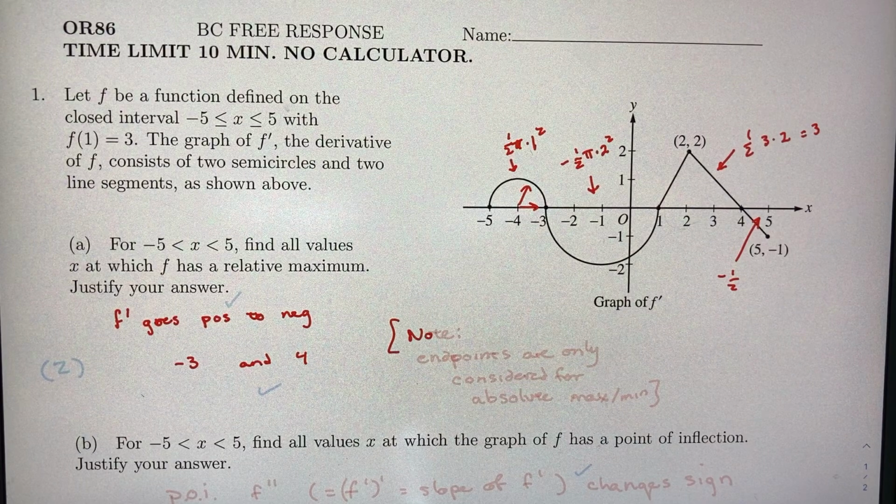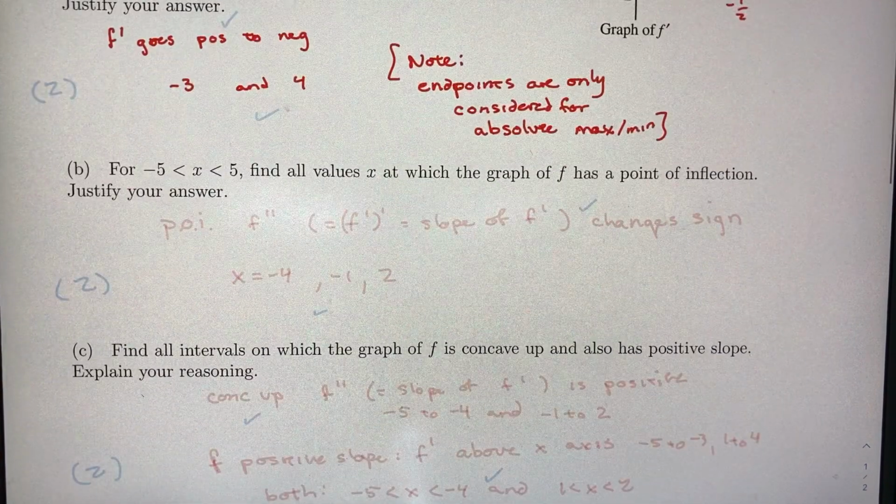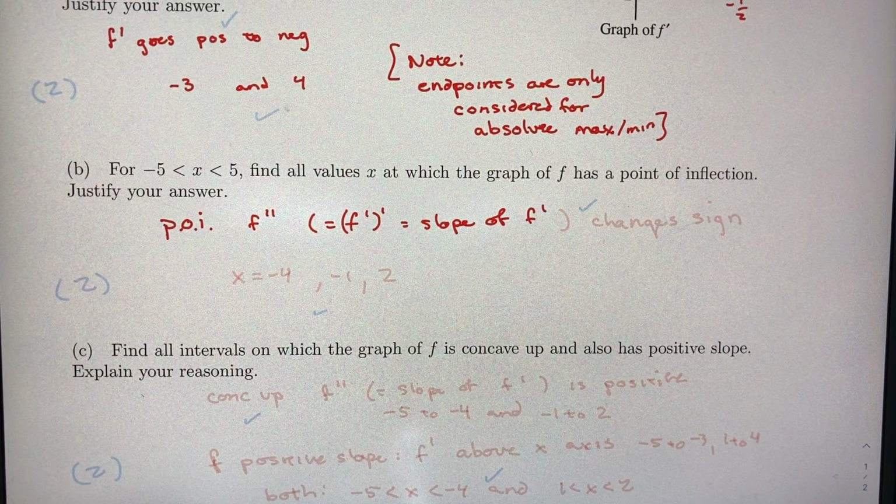Okay, so point of inflection is when F double prime, which is F prime's prime, which is the slope of F prime, changes sign, not just equals 0.